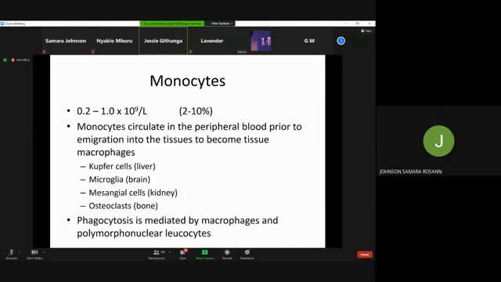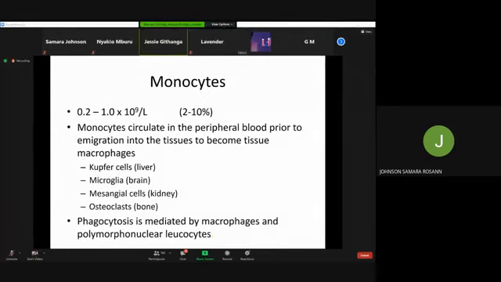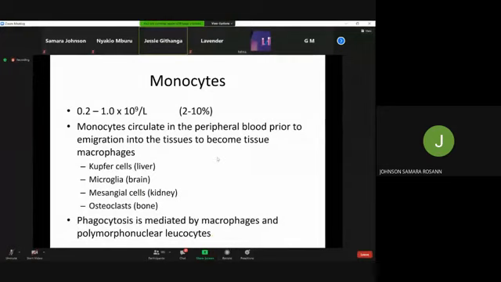Monocytes. The monocytes represent 0.2 to 1 times 10 to the 9 per liter. And again, very important cells. They are phagocytic. They migrate to become tissue macrophages.